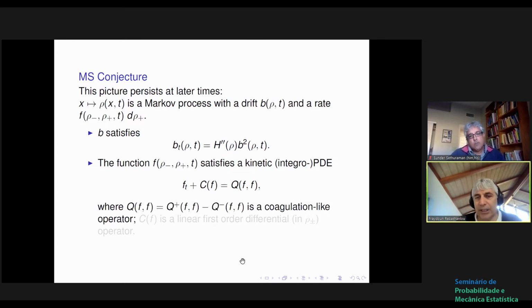And so again, the PDE that you end up with, or rather ODE in an infinite dimensional setting, has two parts. One of them is a coagulation-like kernel, which is a quadratic operator. It is an integral PDE, so the kernel F would be integrated and is quadratic. And also there's a linear, first order operator, that I didn't bother to write down because it takes pages to write.